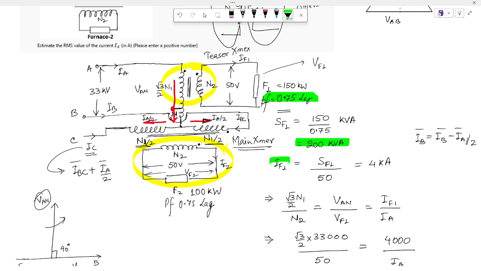So IF1 will be SF1 divided by 50. So we get 4 kiloamps being drawn by furnace 1.